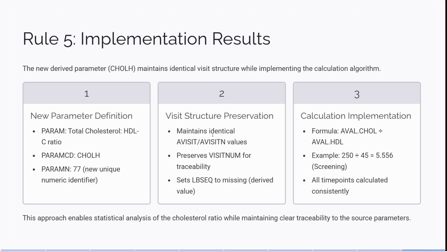For visit structure preservation, the analysis visit maintains the same identical visits, preserving the same numeric form of the visit, and the sequence is set to missing because this is a derived value. In the calculation implementation, you have the formula applied to all time points from screening onward, calculated consistently. This approach enables statistical analysis of the cholesterol ratio while maintaining clear traceability to the source parameters.